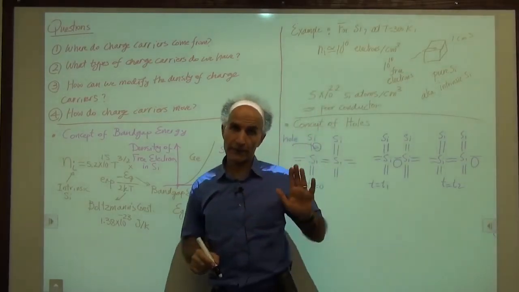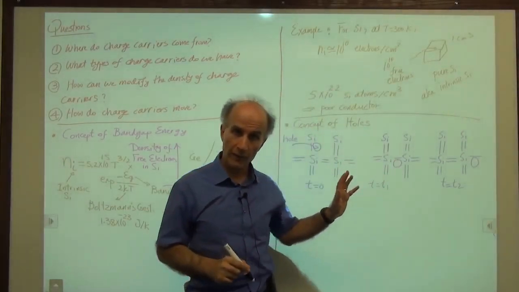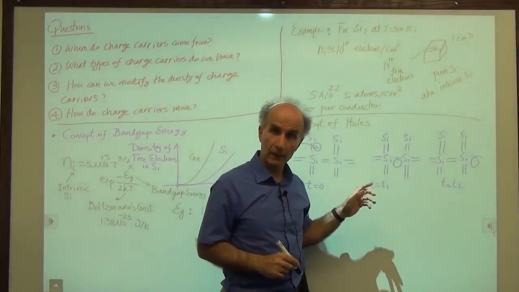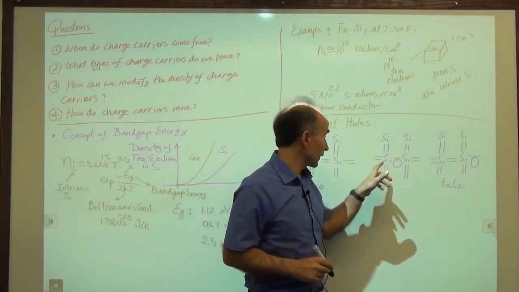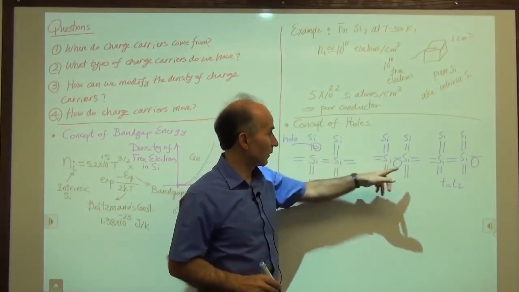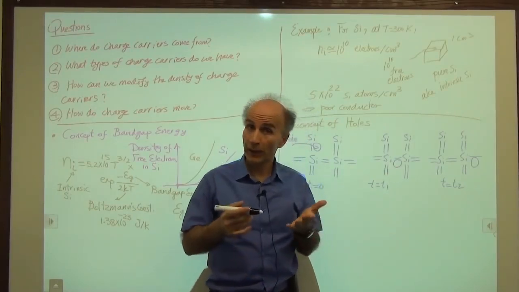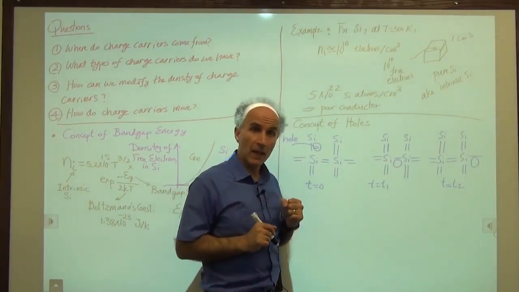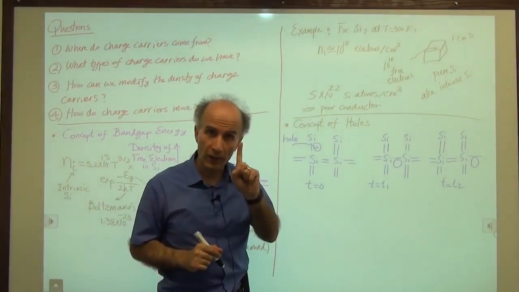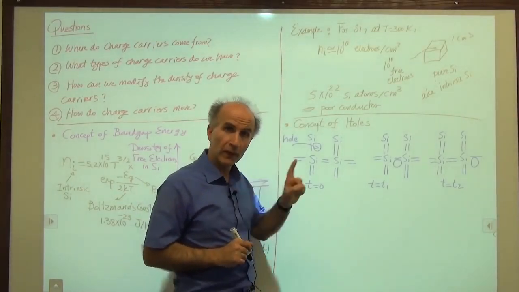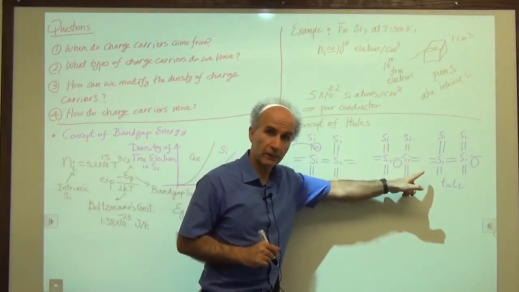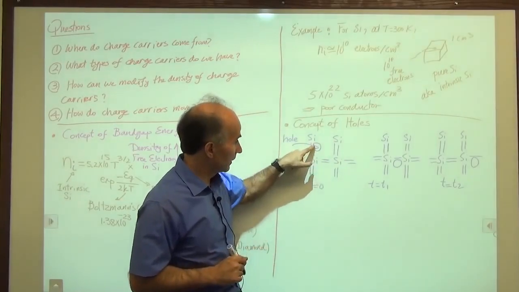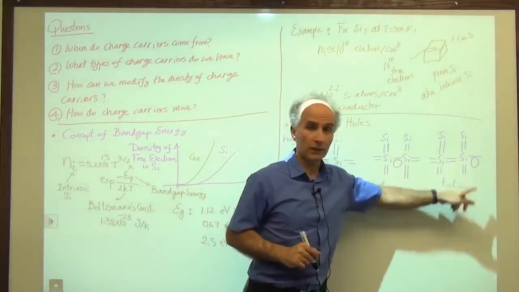All right, so in 3 consecutive pictures that we took, we saw that these electrons were coming off of their bonds and filling these holes. Or equivalently, what we can say is that there was one hole, and that hole moved from left to right. It moved from here to here and then to here.